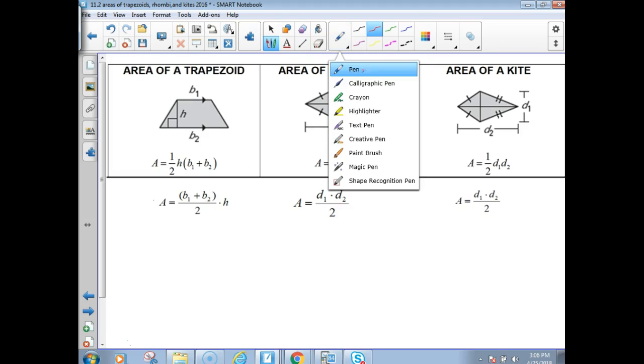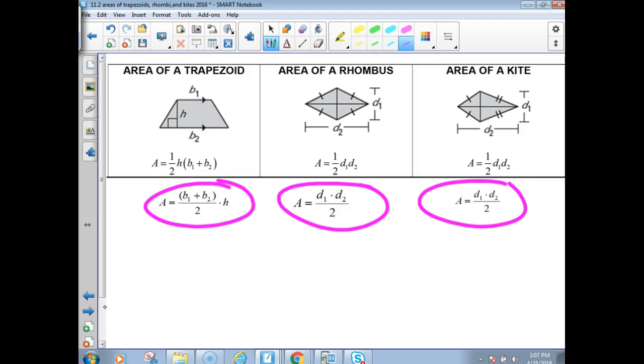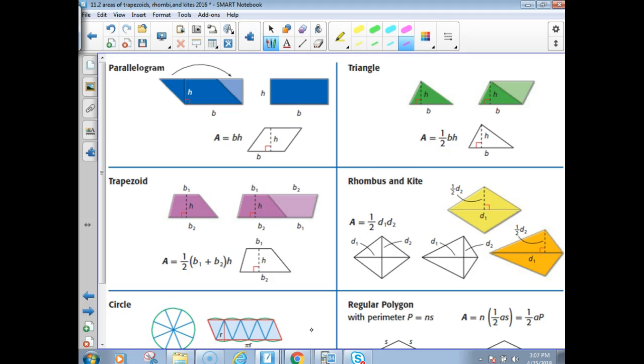I told you that I prefer the ones that are actually written down on the bottom. I think most kids find these more friendly because it looks easier dividing by 2 than the half thing in there. They get fraction phobic.